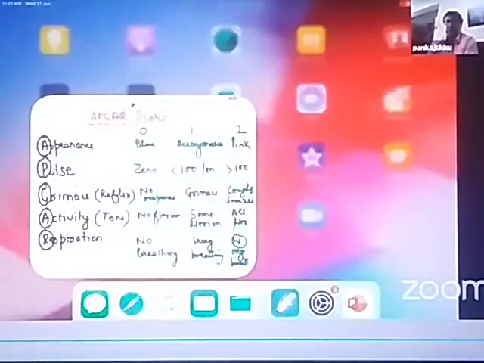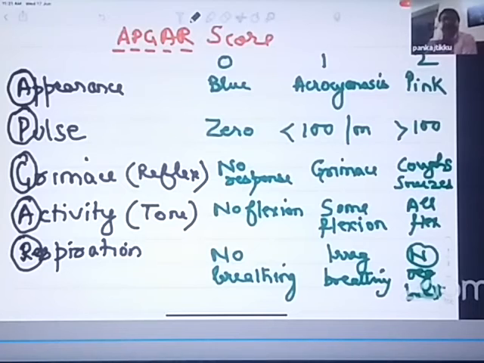This means a score of 2. Okay, so this means a score of 2.